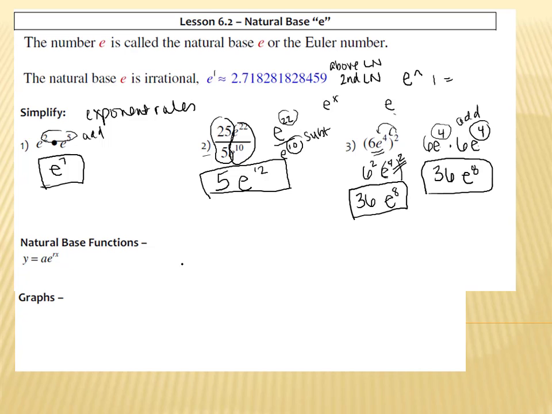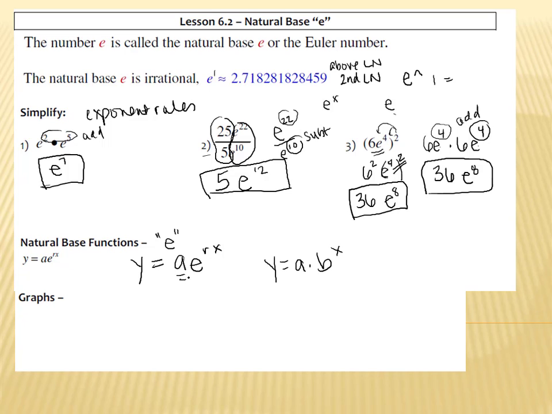So now we're going to transition into graphing these. So when I give you this natural base function, which means there's an e involved, it's very similar to the y equals a times b to the x.